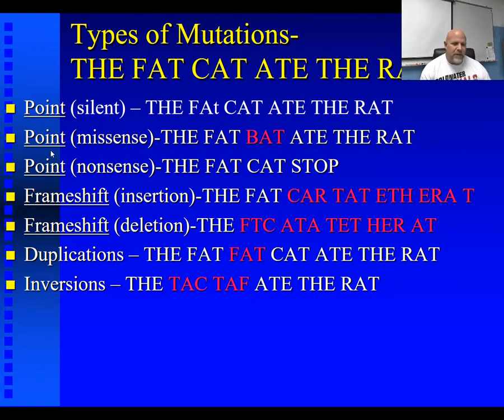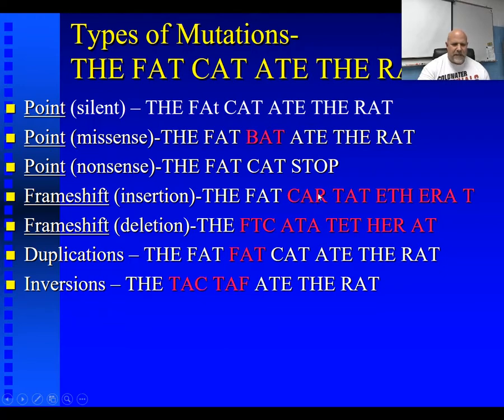So, for example, if I take the fat cat ate the rat and I throw an R in there, now I have the fat car tat era t. All I did was put an extra R inserted where the T was supposed to be.